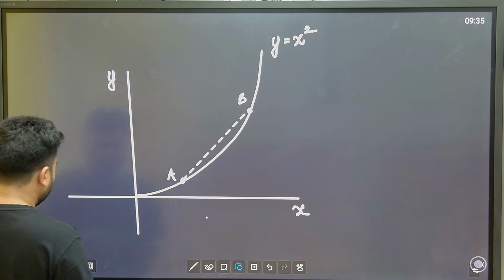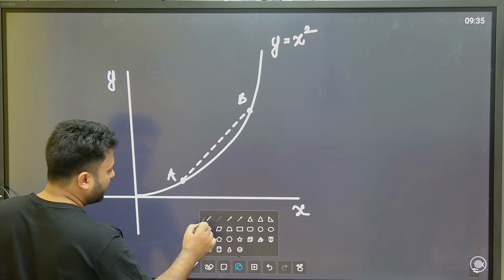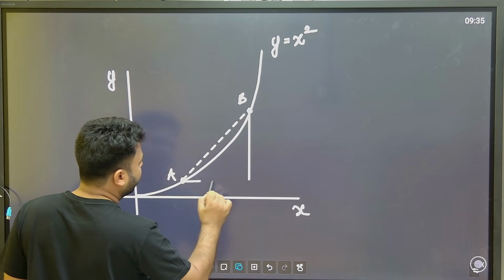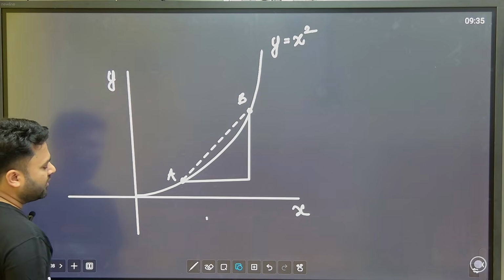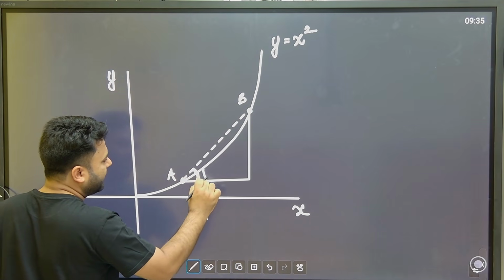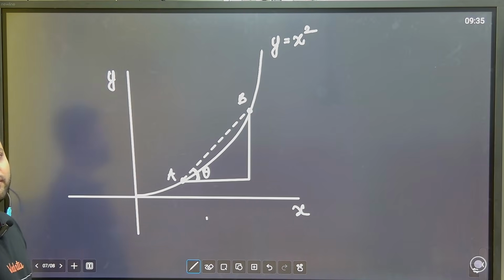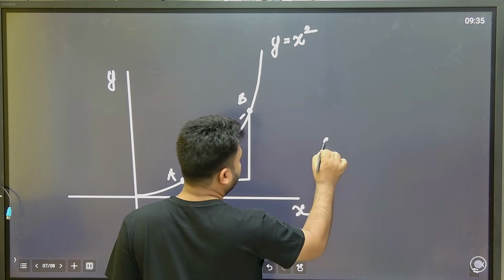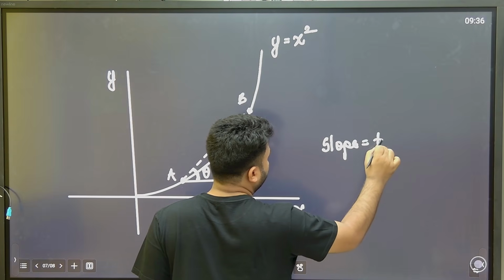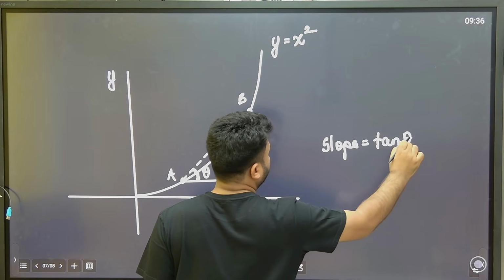So what will we have to do? See, we will connect like this. Again, we will find the inclination of this line, this theta. So the slope of this dotted line will again be tan theta.